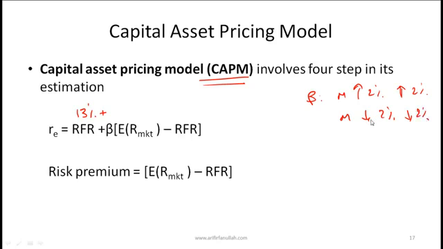So if this stock moves up and down with the market, then we say that beta is equal to 1. So in other words, market beta is 1, and if a given stock moves up and down with the market, then that stock has a beta of 1.